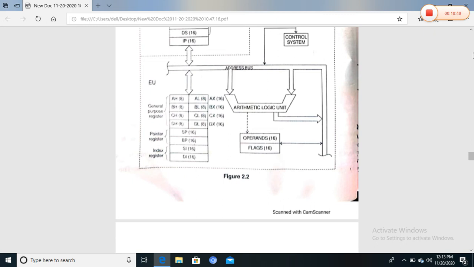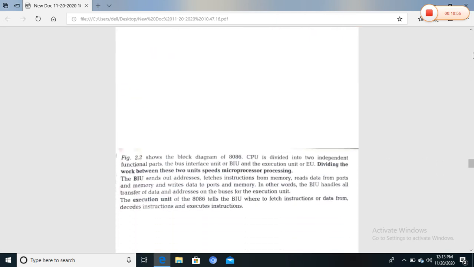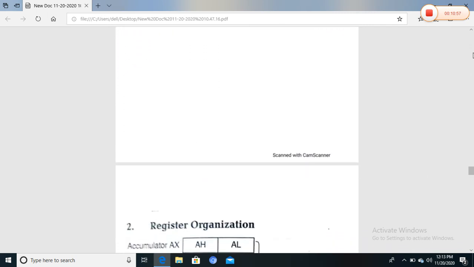The flag register is 16-bit, and consists of status flags and control flags. One separate question asked on this point is: draw the flag register structure of 8086 and describe the operation of each flag. The flag register has two types of flags, namely status flags and control flags.